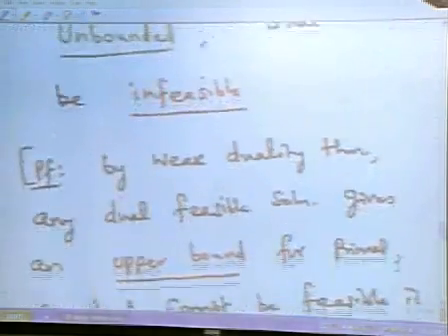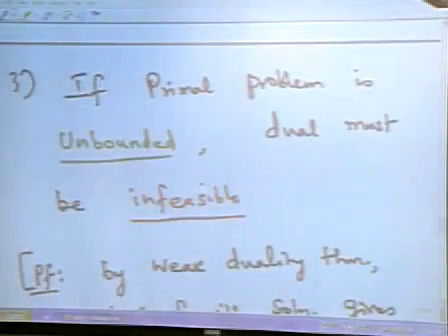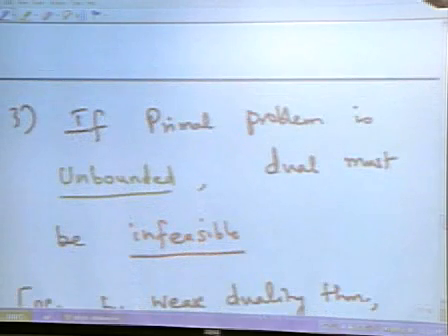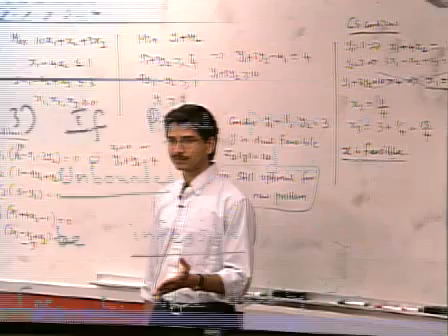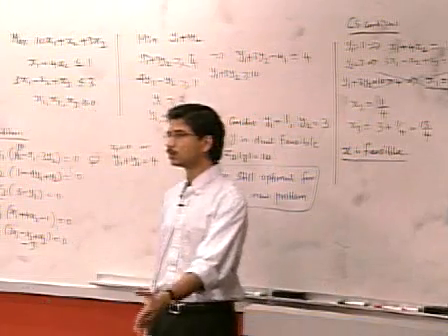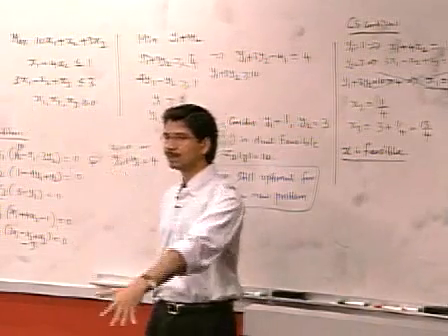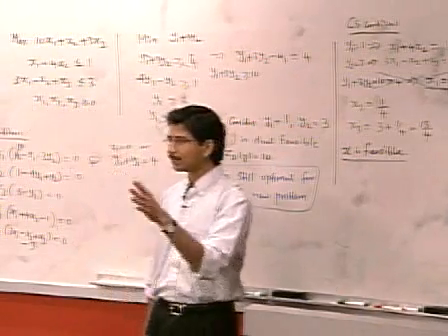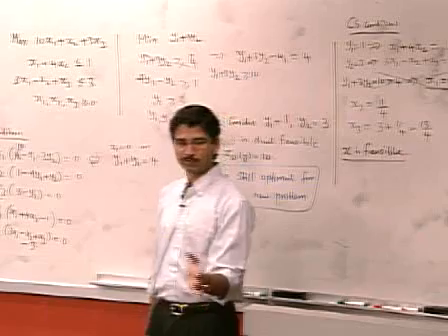Let's look at yet another implication, which is sort of straightforward. If the primal problem is unbounded, then the dual problem must be infeasible. And this is true by weak duality. Why? Well, if the dual problem were feasible, let's say there was a solution to the dual problem with value 1 million, then that immediately puts a bound on the primal objective value.